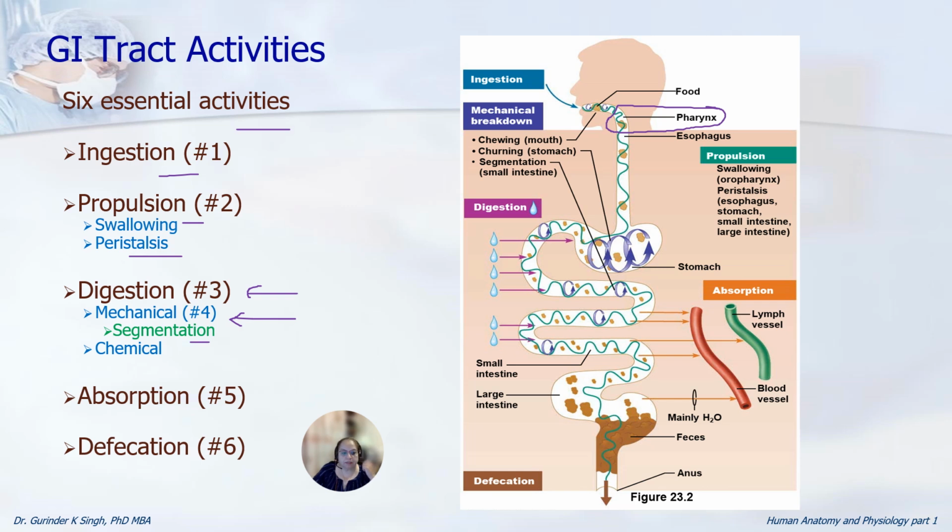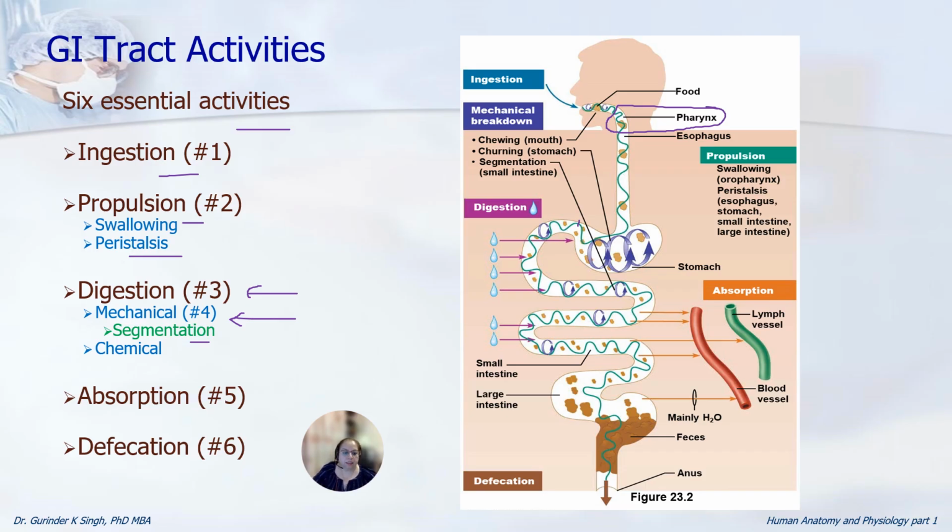The fifth activity is absorption, when the cells which line our intestine or GI tract, especially in the small intestine, start absorbing, start transporting things inside them, and then from them to the blood.